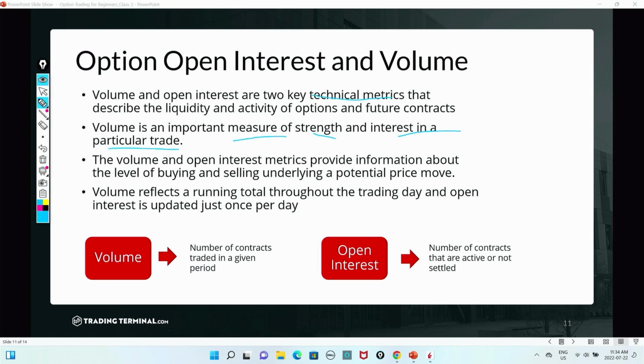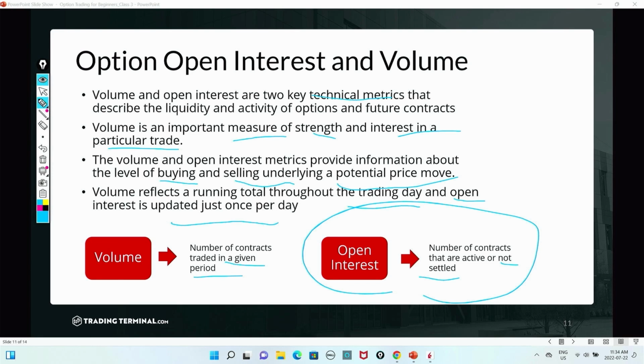The volume and open interest metric provide information about the level of buying and selling the underlying and a potential price move. Volume reflects a running total throughout the trading day, and open interest is updated just once per day. So open interest is the number of contracts that are active and not settled yet, and volume is the number of contracts traded in a given period.